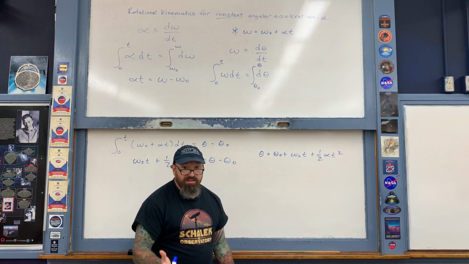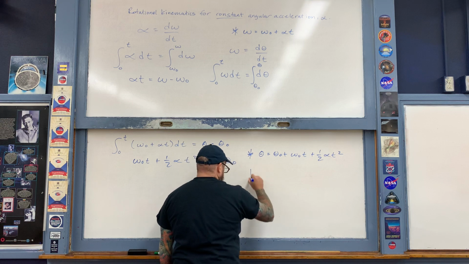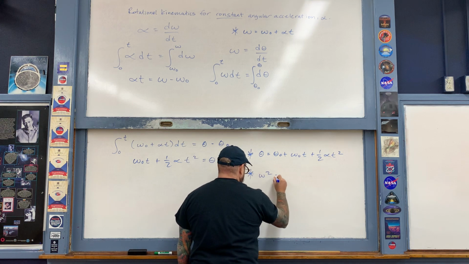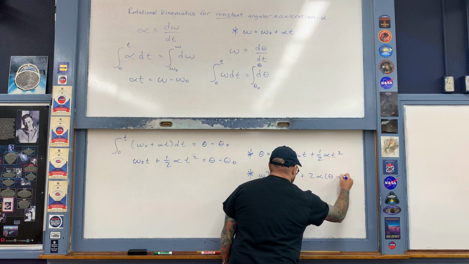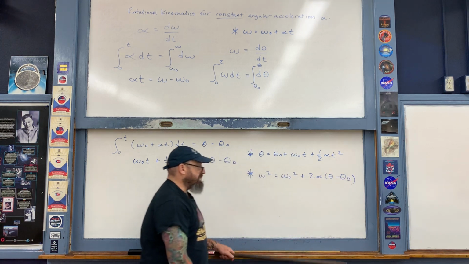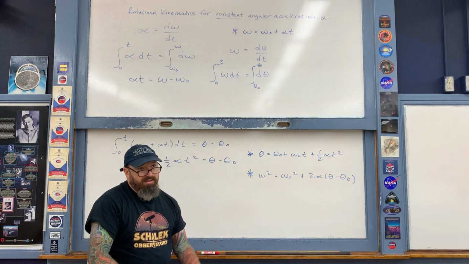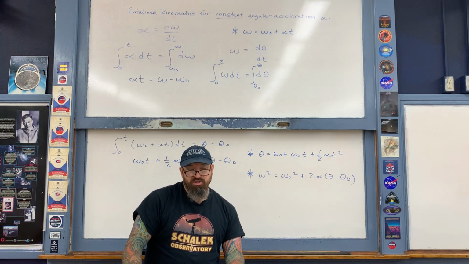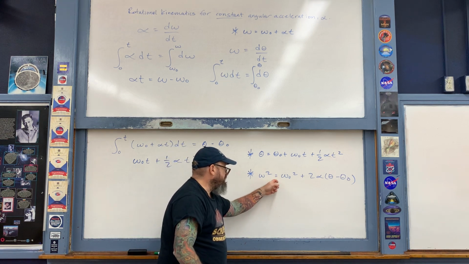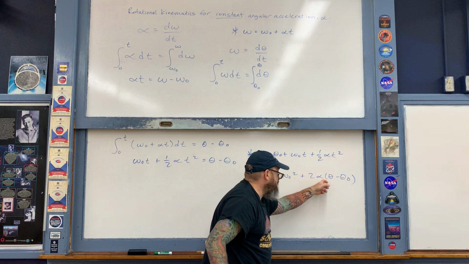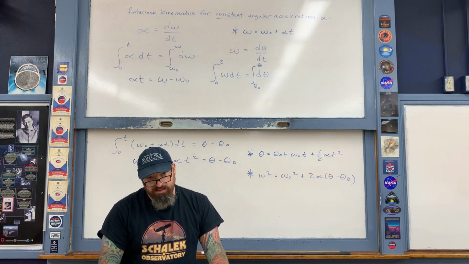If you do that process, here is then therefore the third kinematics equation, like so. Okay, it's not necessary for me to show you the algebra to do this. It's the exact same series of steps that I did back in chapter 2. But this is pretty obviously the rotational equivalent of v squared equals v naught squared plus 2a times x minus x naught, like so, but now in terms of rotational quantities.